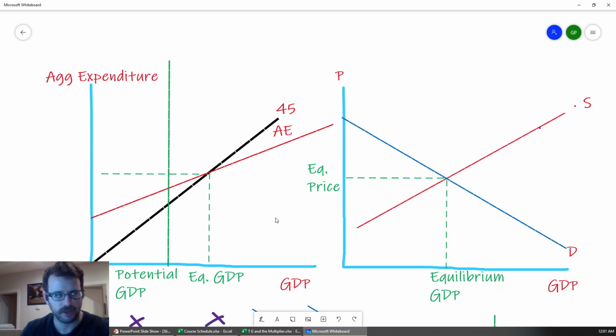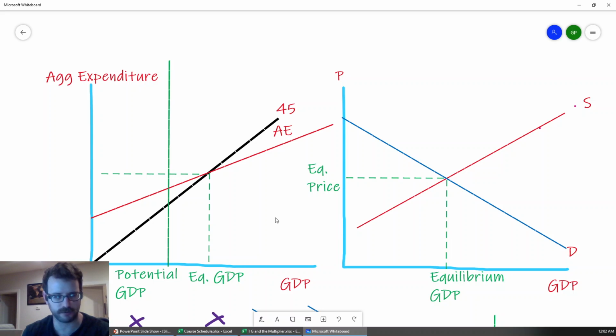But in a cycle, you could have more employment or less employment than full employment. Just a reminder, let me rephrase that: full employment is when there's no cyclical unemployment, and cyclical unemployment is unemployment due to the business cycle. There's three types of unemployment: structural, cyclical, and frictional.